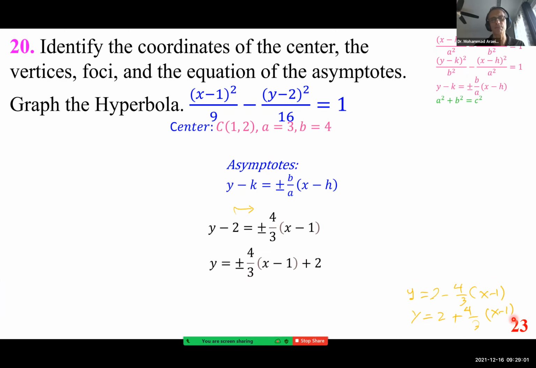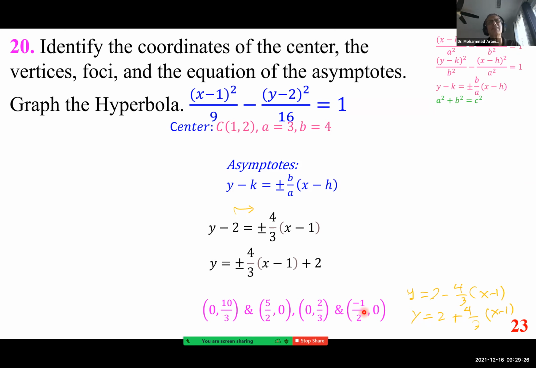When we do that, okay, so this is the case, and there are the two equations, and you can multiply the minus 4/3 or positive 4/3 and write it in slope-intercept form. So when you finish the job, those are the pairs. This is the pair for the first, and this is for the second one, and they can give you the two lines.